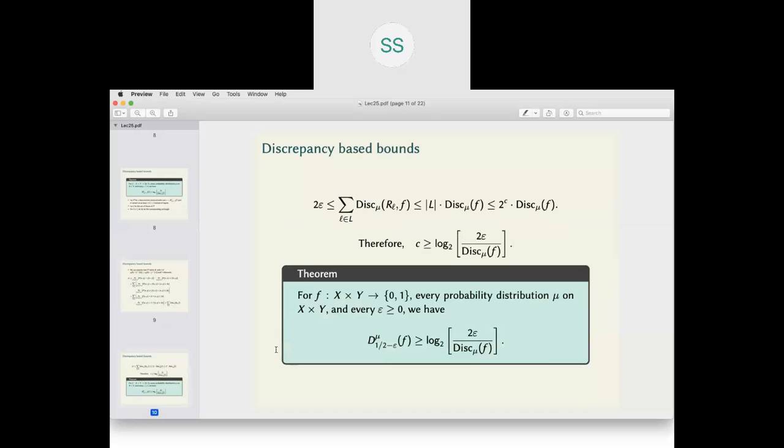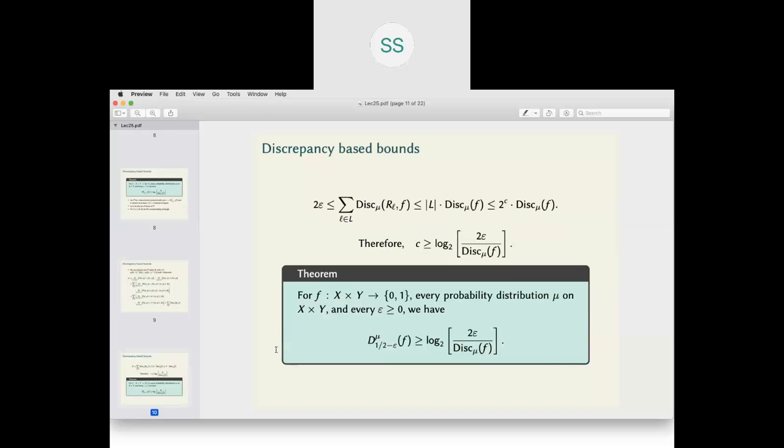So we have L, the number of leaves, times the discrepancy, and since the cost of the protocol is C, the number of leaves is at most 2 power C, right? Because any protocol is a binary tree. Thus we have 2 power C times the discrepancy of f. Now if we just rearrange the terms, we get the next line.